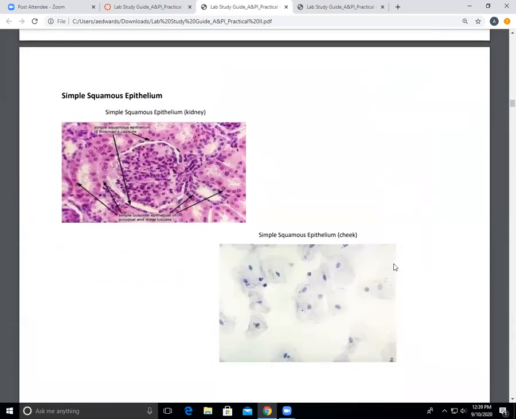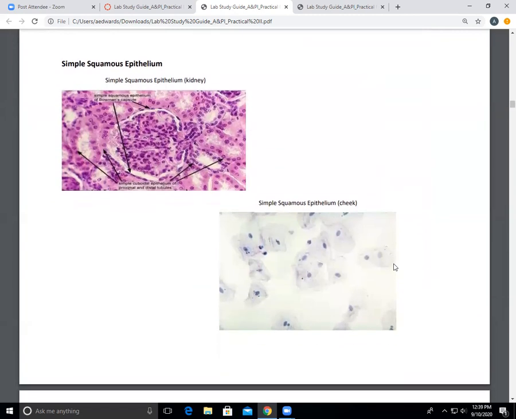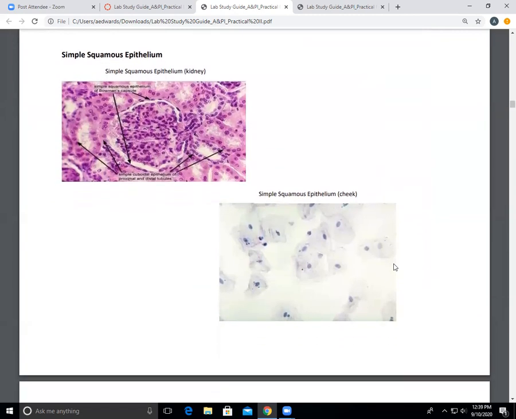Here's another view. Bowman's capsule on your kidneys. We're not looking at everything. We're just looking at these cells surrounding the nephron. So it's Bowman's capsule right there. These are a single layer of flat cells. So that's simple squamous.